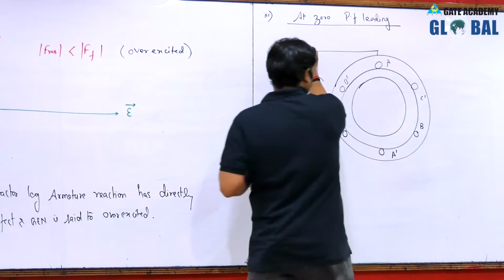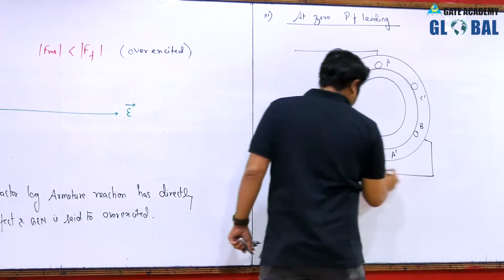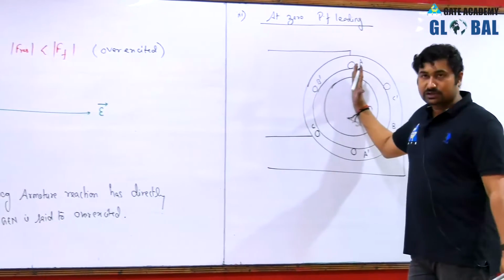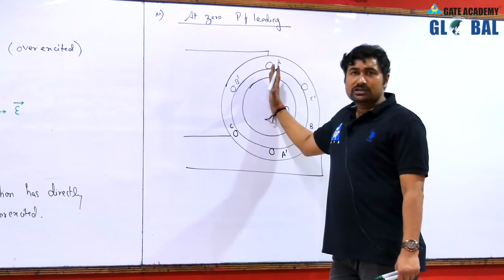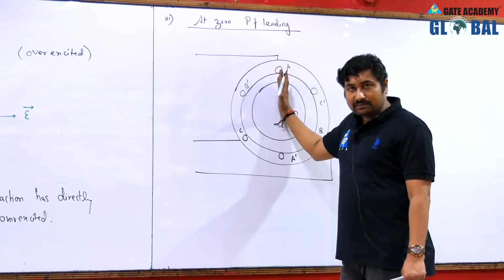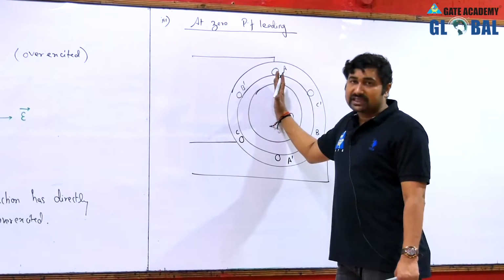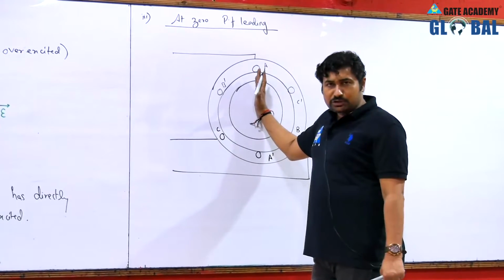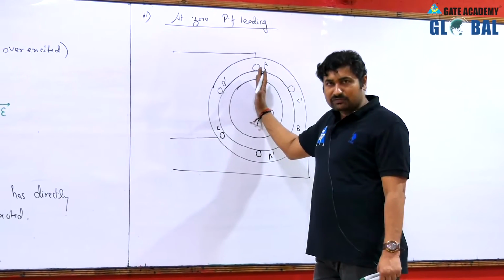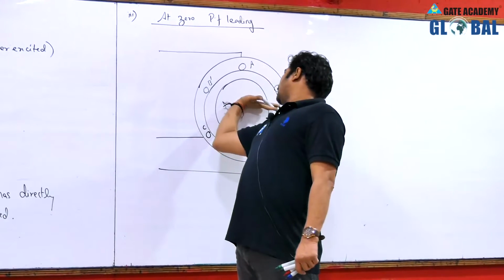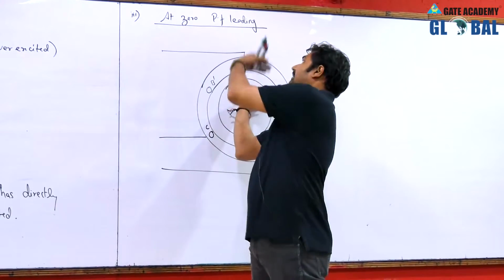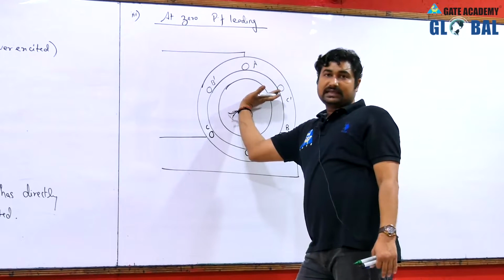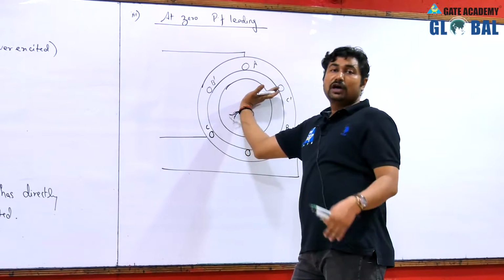Induced EMF in A phase is maximum when the rotor north is at this position, but the current flowing in A phase will be maximum 90 degrees before the induced EMF. As the induced EMF is a function of rotation of the rotor, when the rotor north is at this position, at that time the current will start flowing in the conductors, as the current flows under the influence of the north pole.